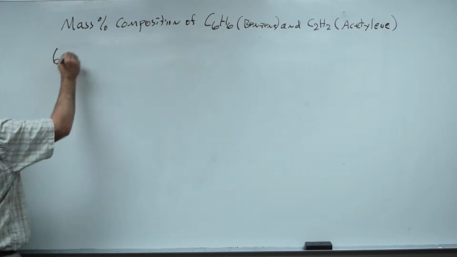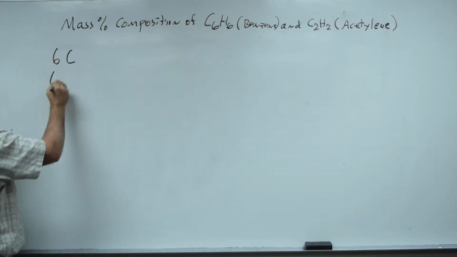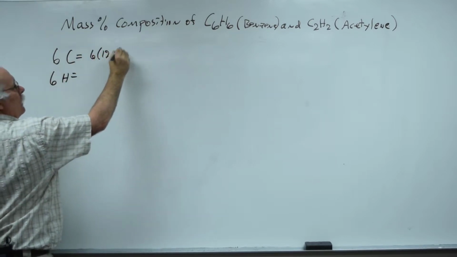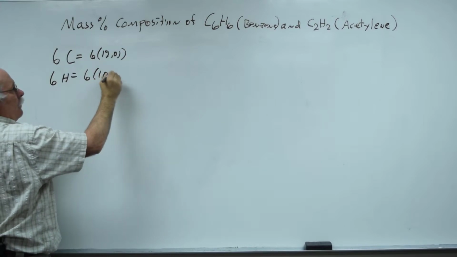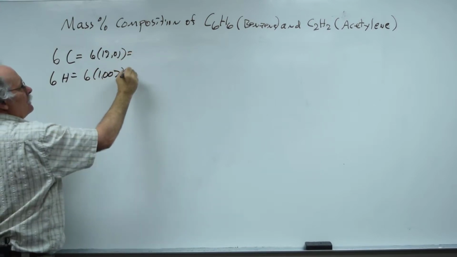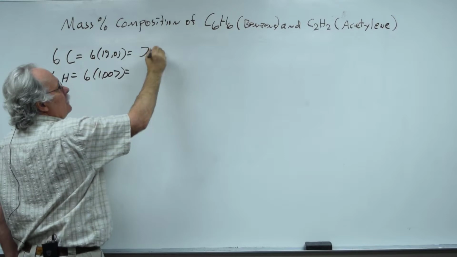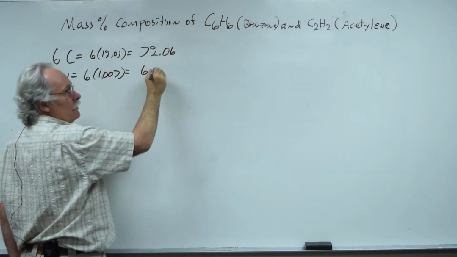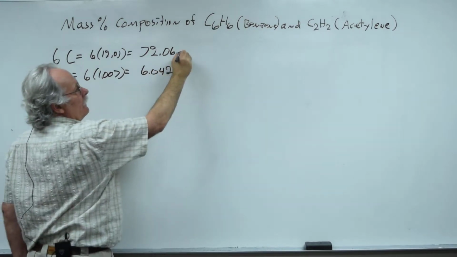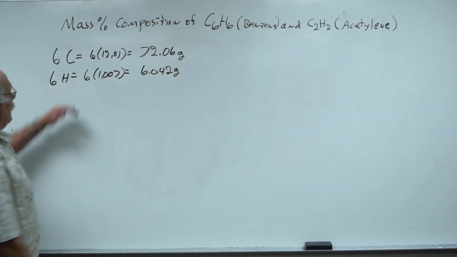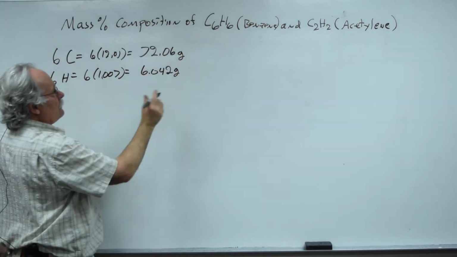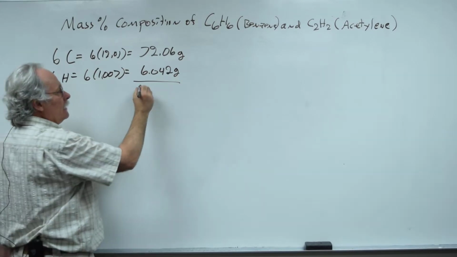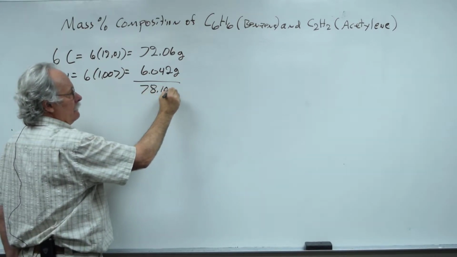So I have 6 carbons in benzene and I have 6 hydrogens, which is 6 times 12.01, which is 72.06, and 6 times 1.007, which is equal to 6.042. And if I have 1 mole of benzene, I have 72.06 grams of carbon, 6.042 grams of hydrogen, and a total mass of 78.10 grams.